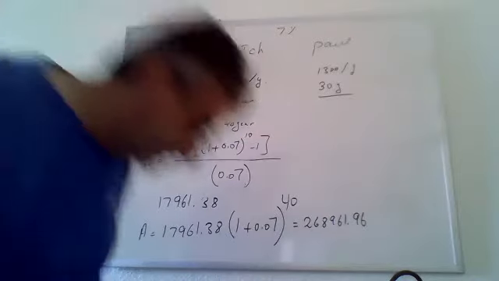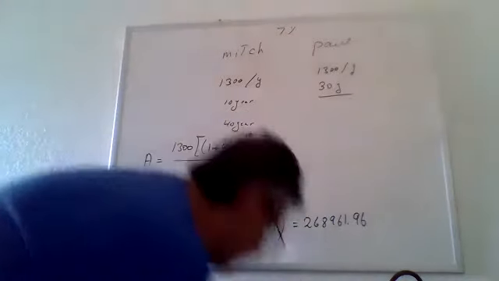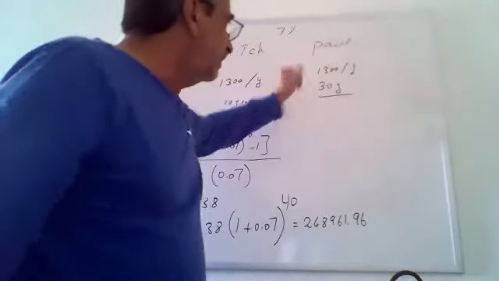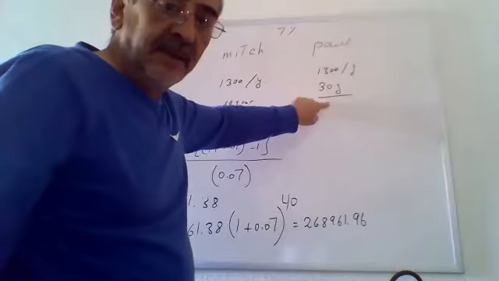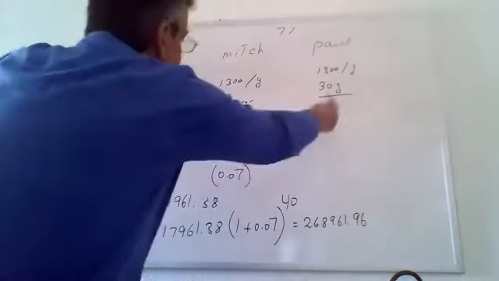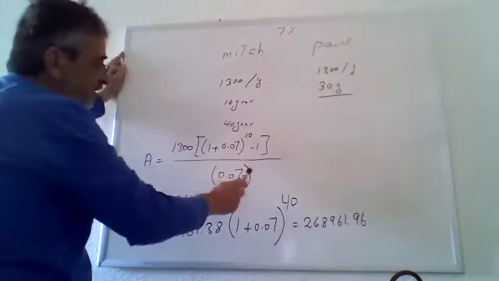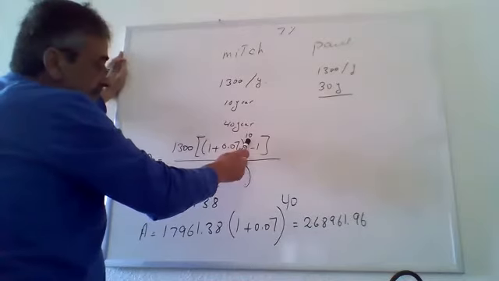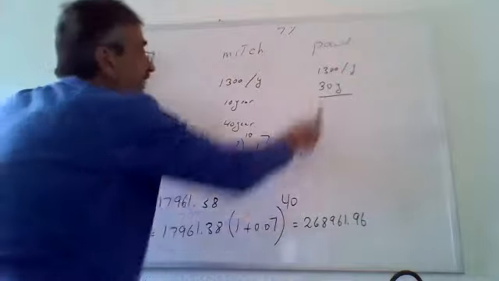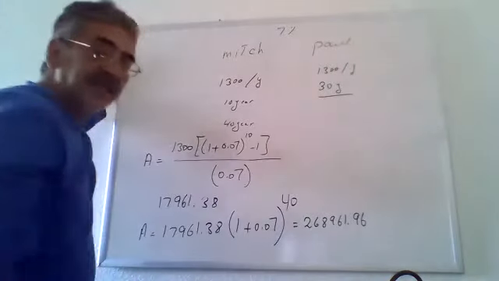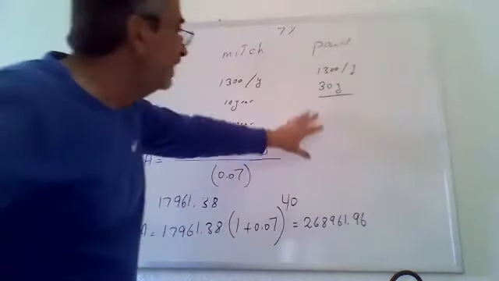50. Okay. So now for Paul, he only deposited money for 30 years, right? Yes. So we do the same thing over here, but we change the 10 to 30. Okay, tracking. And then after 30, there are another 20 years that the money stayed in the bank for nothing.